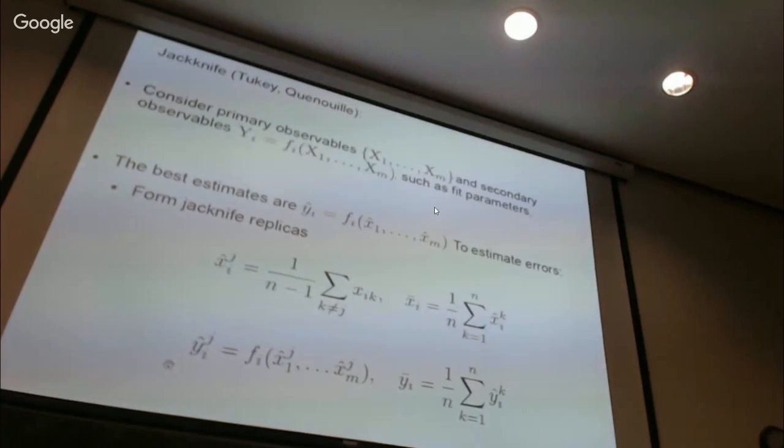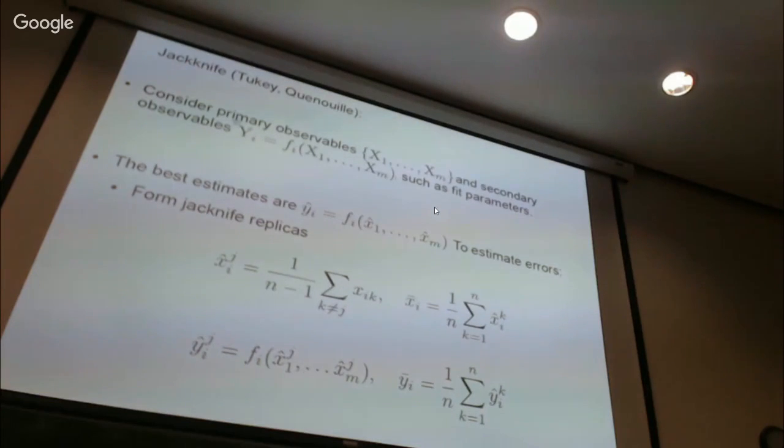First, Jackknife. This is actually old. I didn't put the year, but I think it's sometime in the early 50s that these guys in Princeton came up with this method. So just to set up the problem here, we have a certain number m of primary observables that we measure directly from our data, and we wish to estimate secondary observables that are functions of the primary observables.